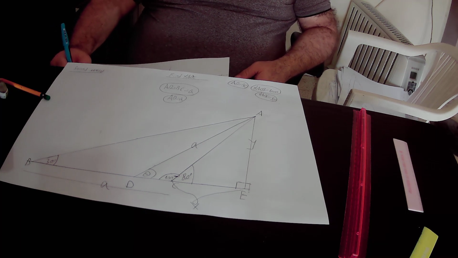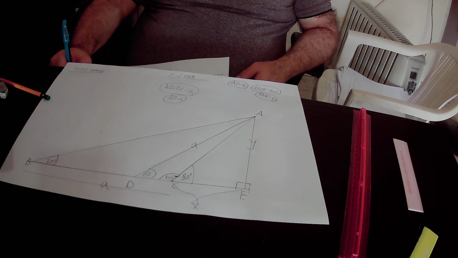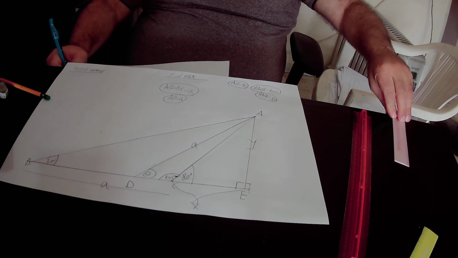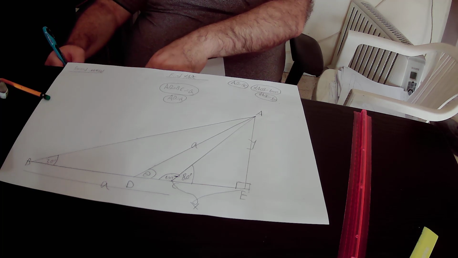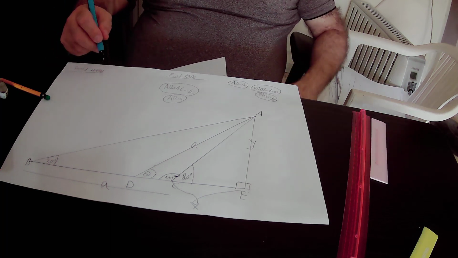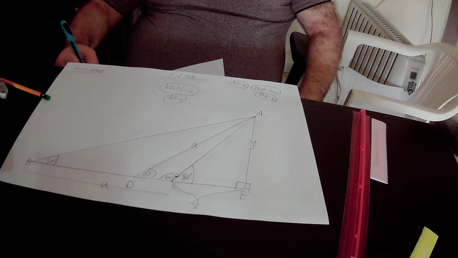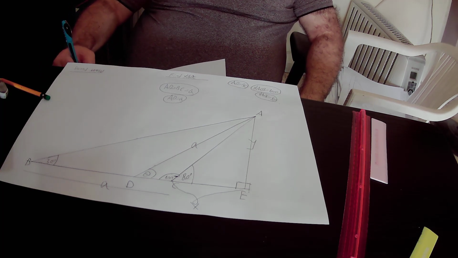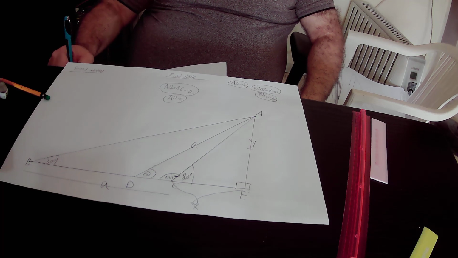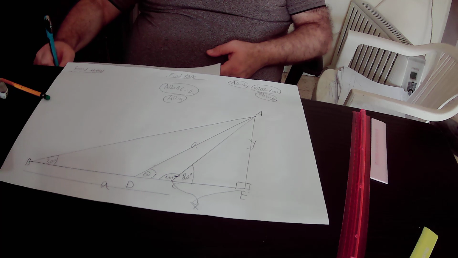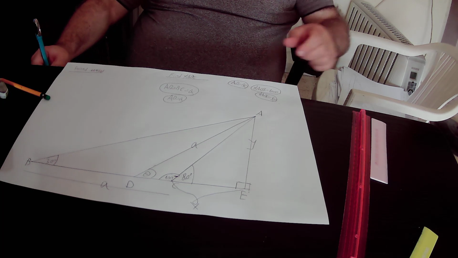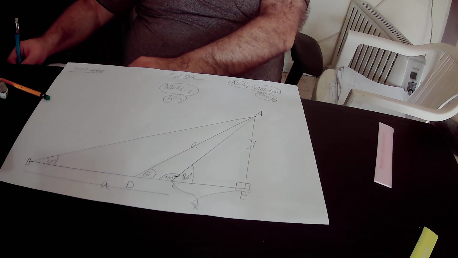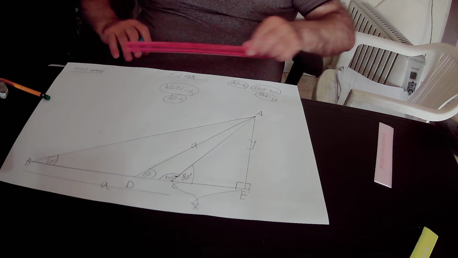In the right triangle ABE, tangent 30 degrees equals AE over BE. I will repeat again.